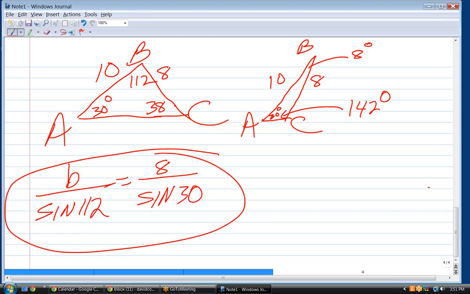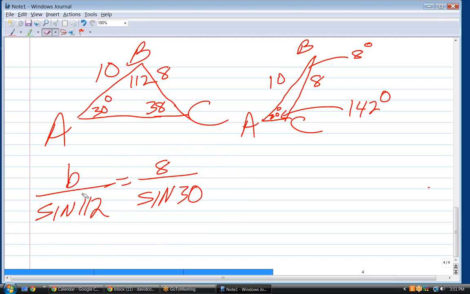It just makes the math easier. It makes doing the arithmetic easier. As opposed to saying sine of 112 over b, then I have a couple of extra steps of arithmetic to do. So as long as I put my unknown in the numerator, now I can just multiply both sides by sine of 112.